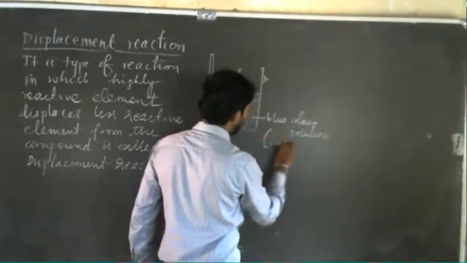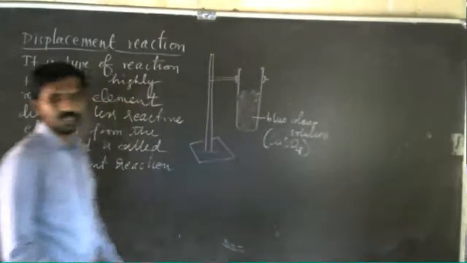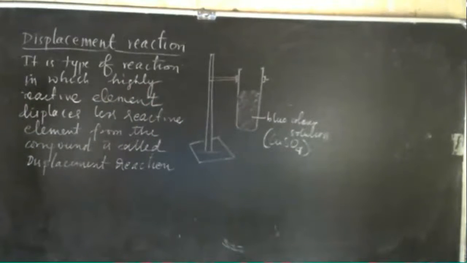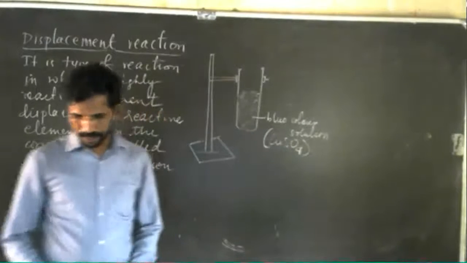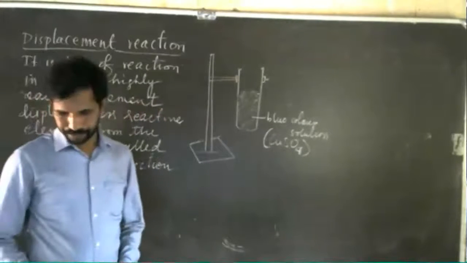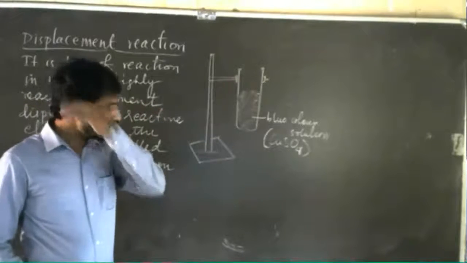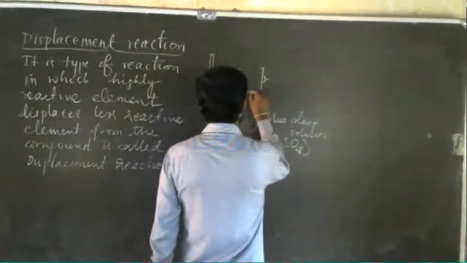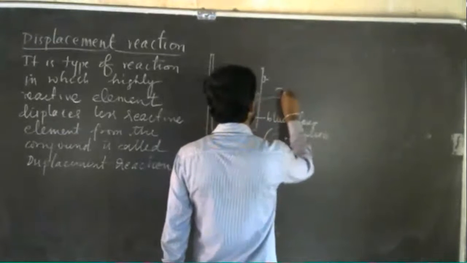Blue color solution, that is CuSO4, copper sulfate solution. Copper sulfate solution is taken in a test tube and they have placed an iron nail over here.